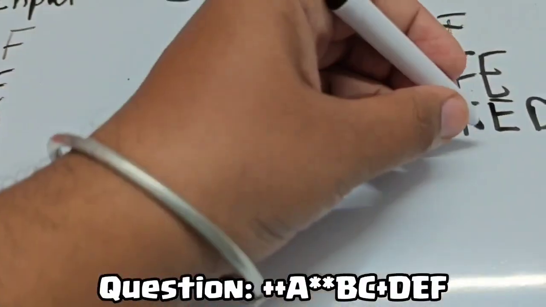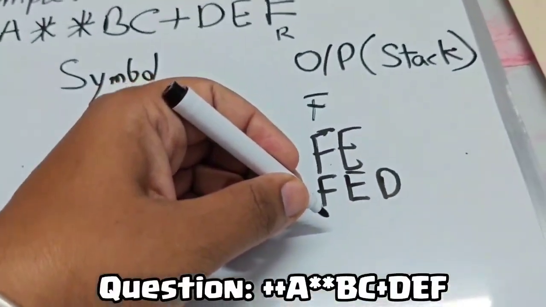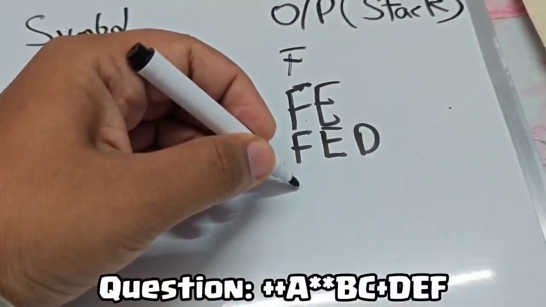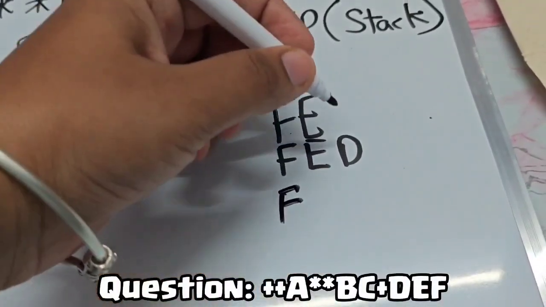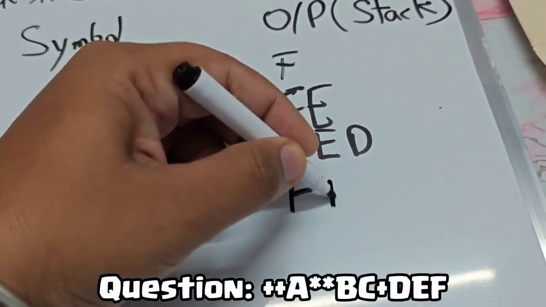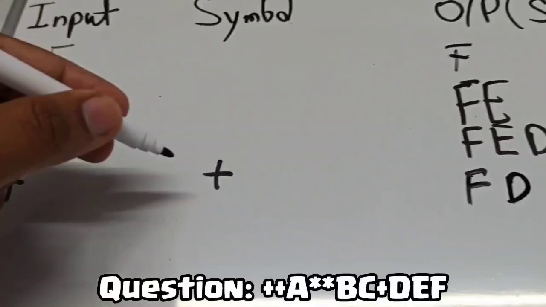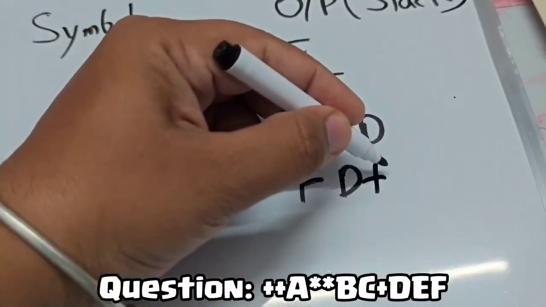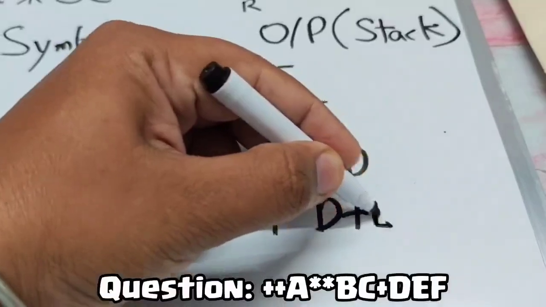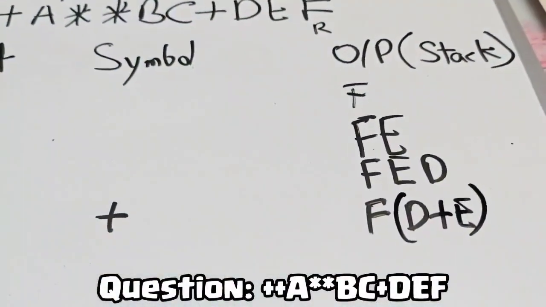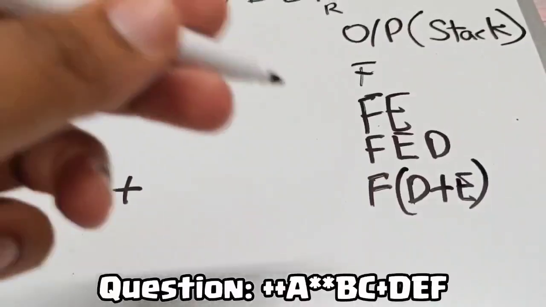Here we have to apply the second rule: the first top from the end, that is D, then the operator, the plus sign, then the second top, that is E, and the brackets. This is the method of writing the output when an operator comes.